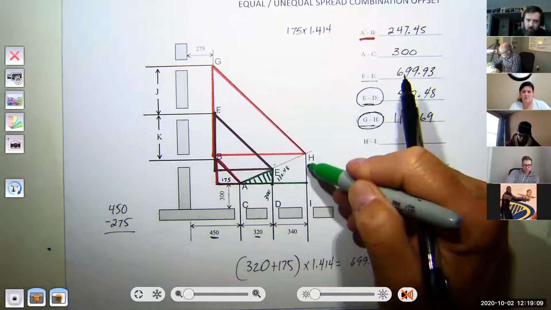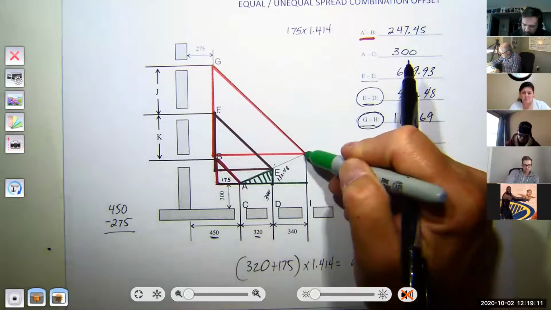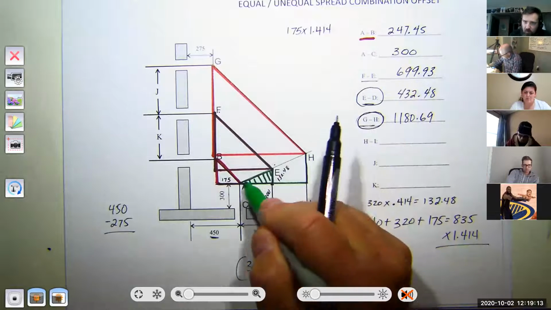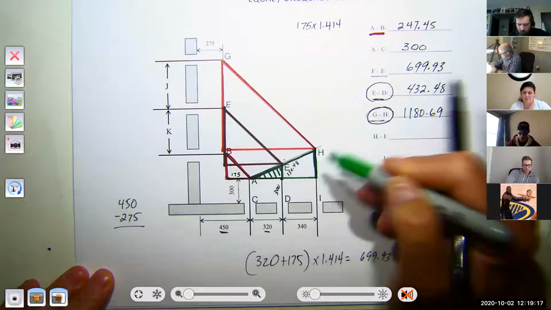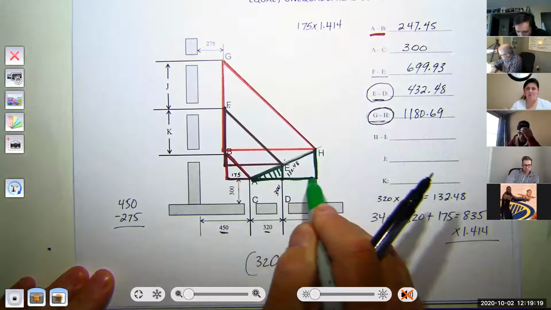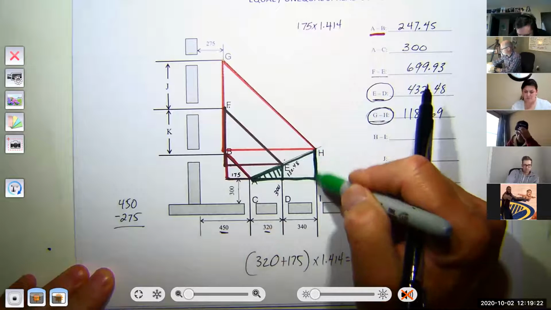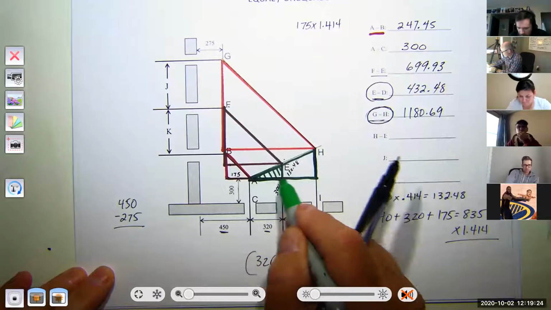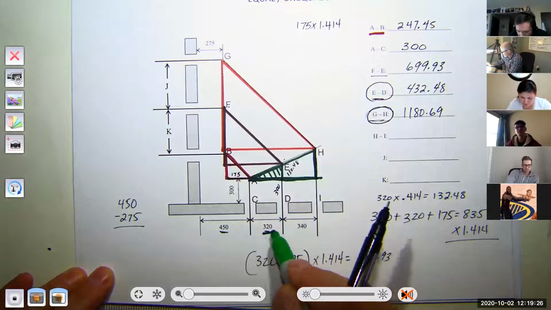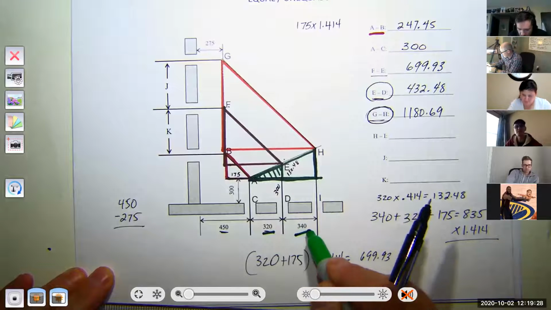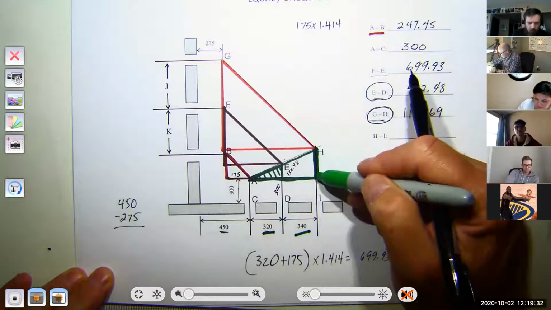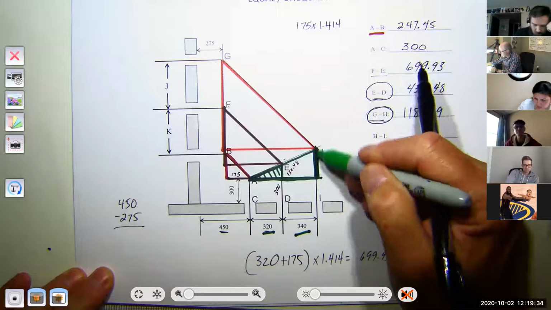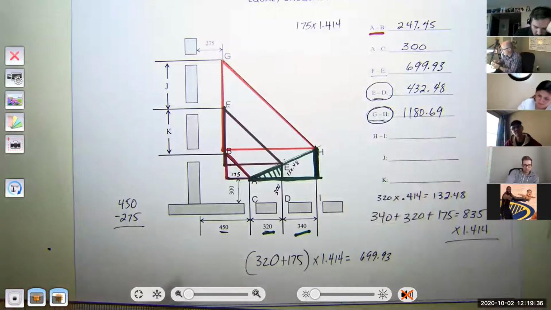To solve for H to I, I'm simply drawing a bigger 22.5 degree right angle triangle, where I take my run, that's right here, 320 plus 340 times 0.414 will give me this measurement there.